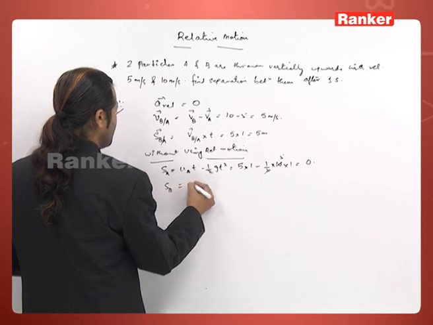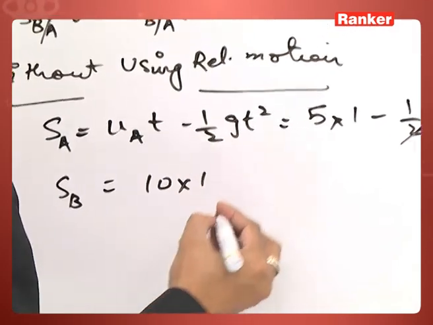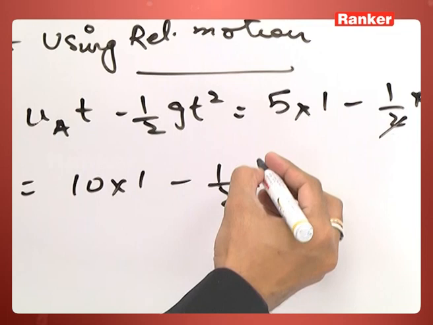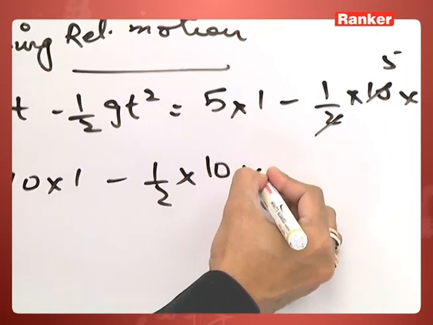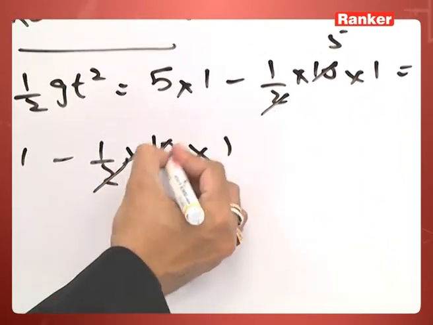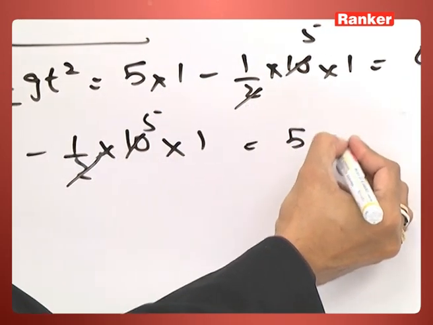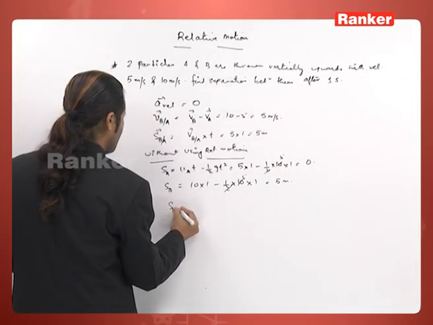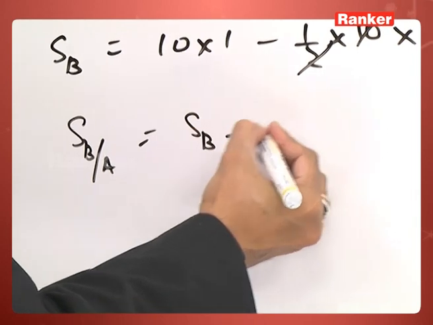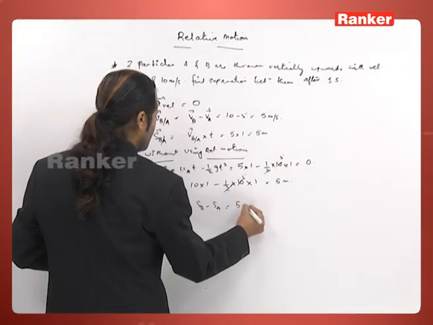SB is 10 into 1 minus half into 10 into 1, so 5 meter. So SBA is SB minus SA, this is 5 minus 0.